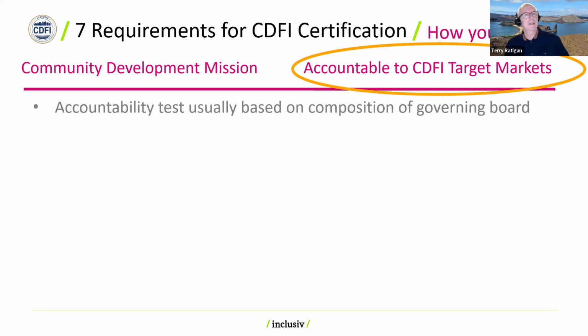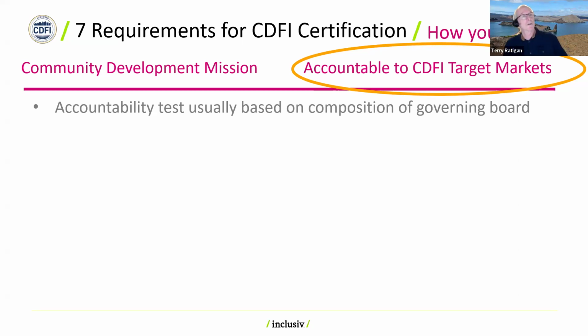So this is different than just saying, oh, we have a very diverse community in terms of race and ethnicity, and our board is very diverse in terms of race and ethnicity. That's great, but if you are certified to serve a CDFI investment area, they're going to look at specifically how many of your board members live in investment areas.